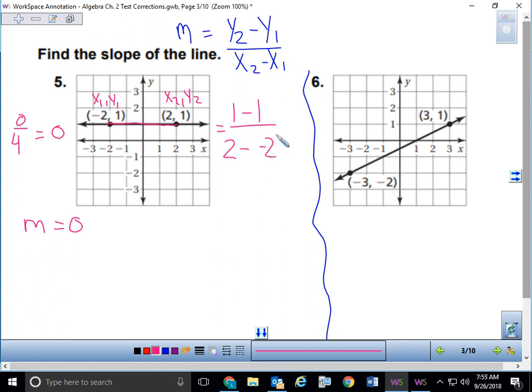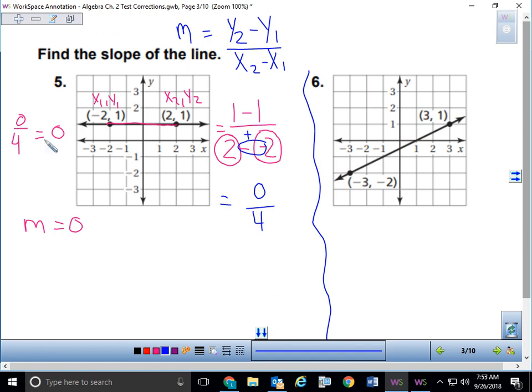This is why I like the glasses method, because I wouldn't lose track of this negative here. I would keep it with that 2. It does not get combined in. Two different things here. When I simplify this, that gives 1 minus 1 is 0 over 2 minus negative 2. Well, these two negatives turn to an addition sign, so it's really 2 plus 2, which is 4.